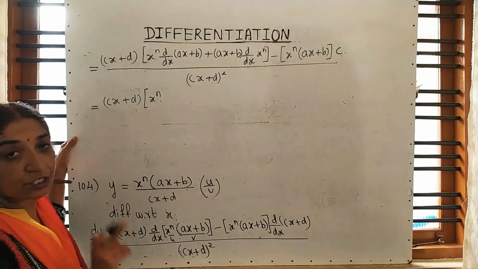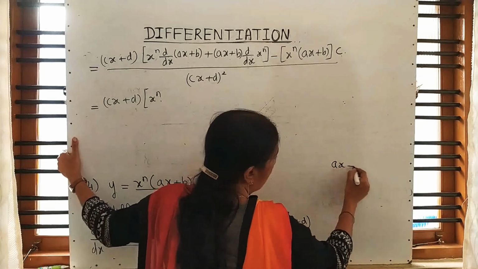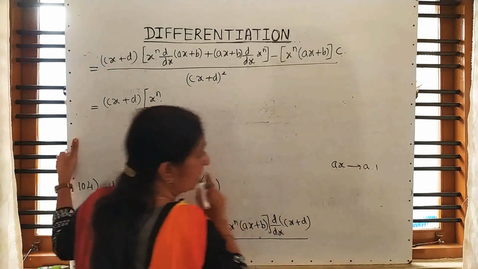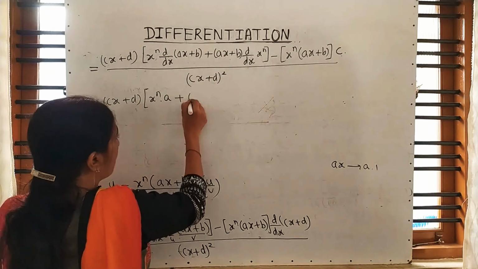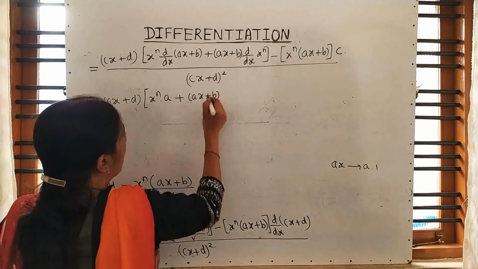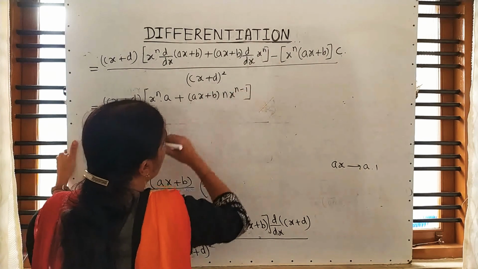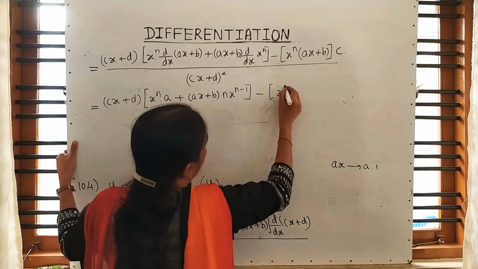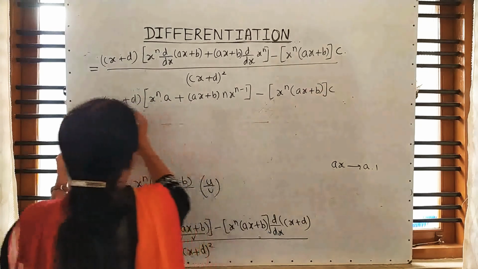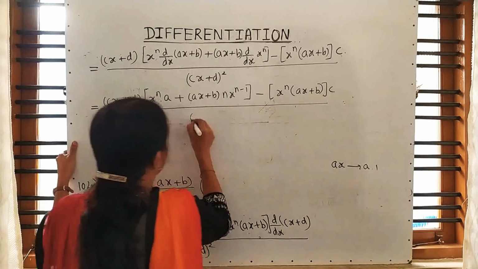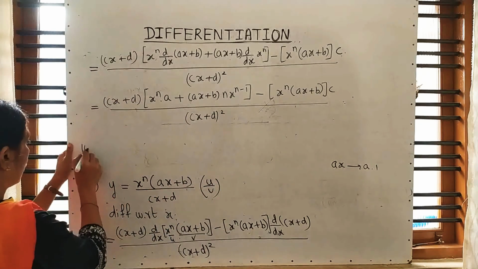What is the differentiation of ax? a constant, differentiation of x with respect to x is 1. That means a. And b will be 0. Plus ax plus b as it is. Differentiation of x raised to n is n into x to the power n minus 1. And this already we did the differentiation, keep as it is. Understood? Like this we are solving.